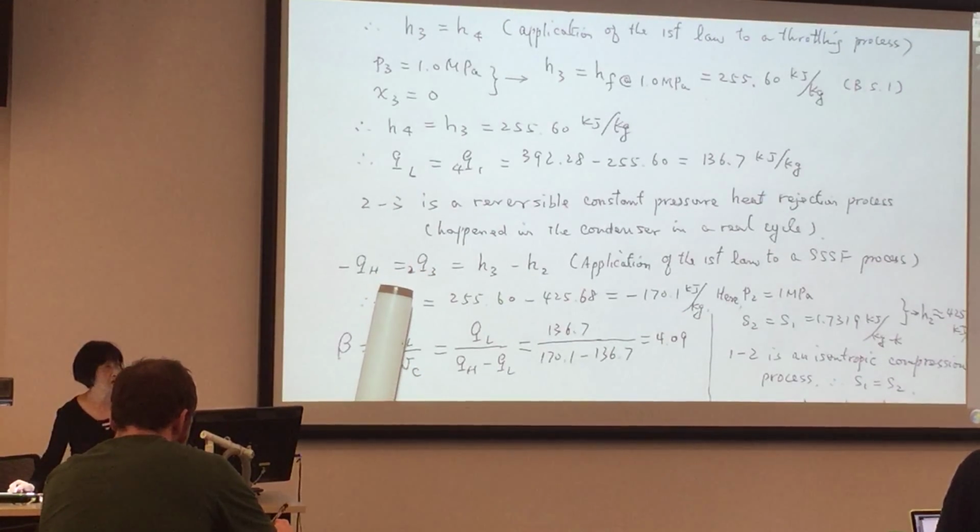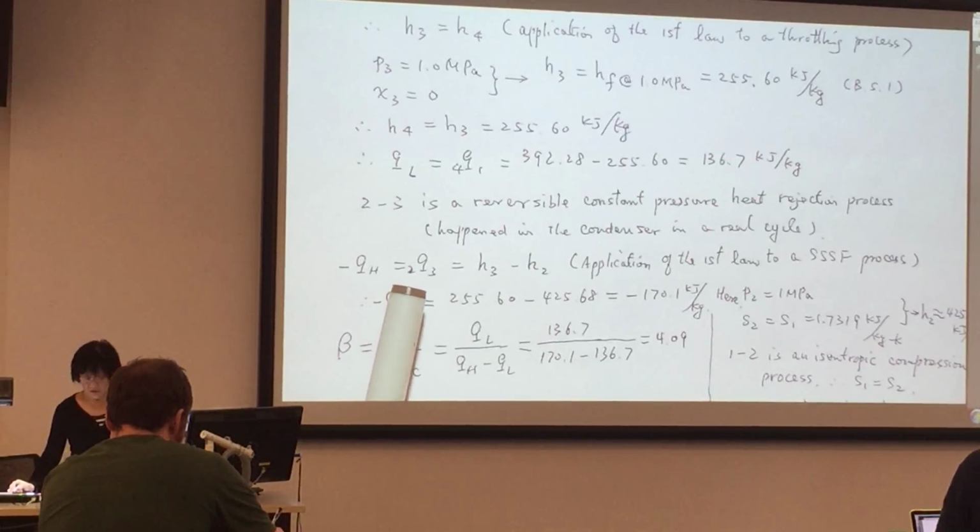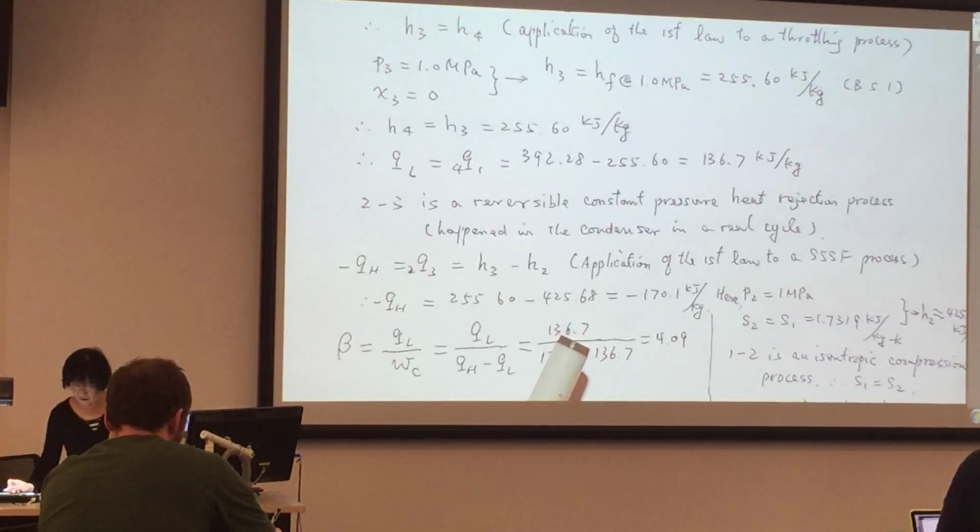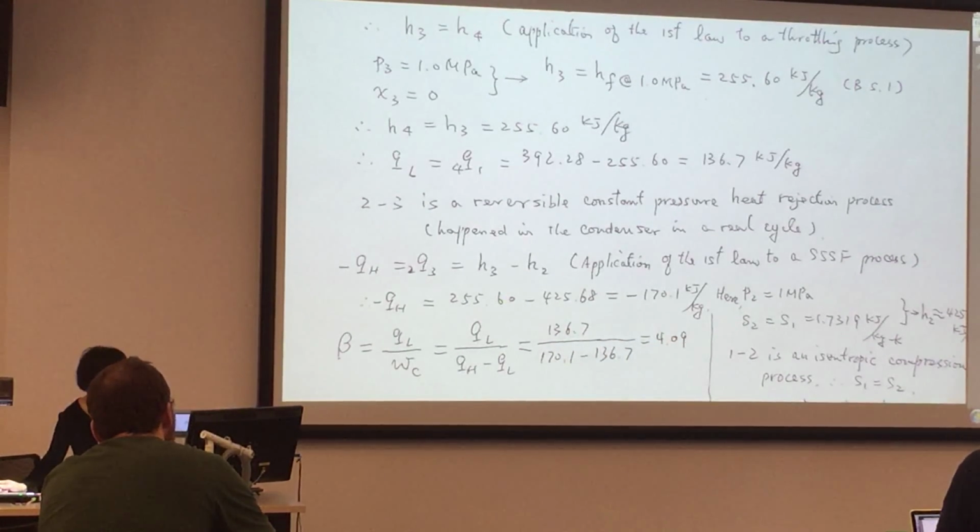We know heat rejection is a negative heat transfer to the system. And again, that's the application of the first law to a steady state, steady flow process, with the kinetic energy change and potential energy change ignored, with only a single flow stream, m1, m2 equals m3.